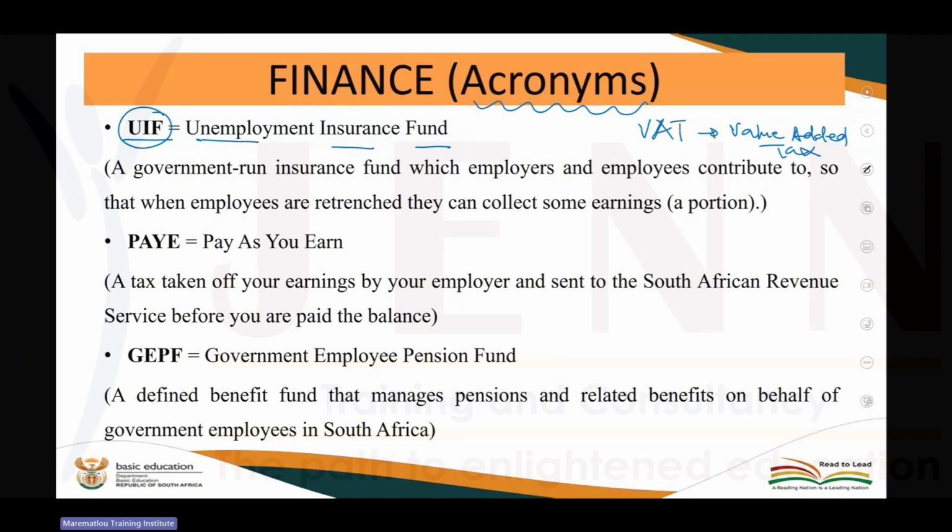You must know that this is the contribution that is made by both the employer and the employee, so that when he loses his job or at the end of the work period, he can have money that can still sustain that person. Here they are explaining that it's a government-run insurance fund which employers and employees contribute to so that when employees are retrenched, they can collect some earnings.